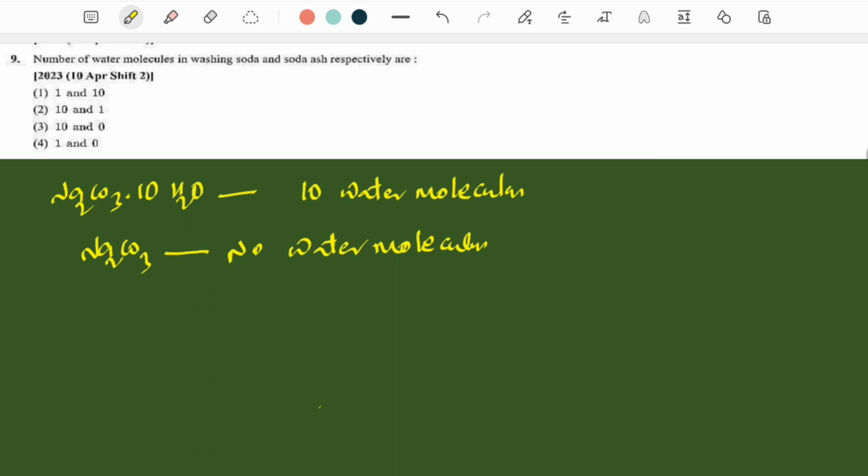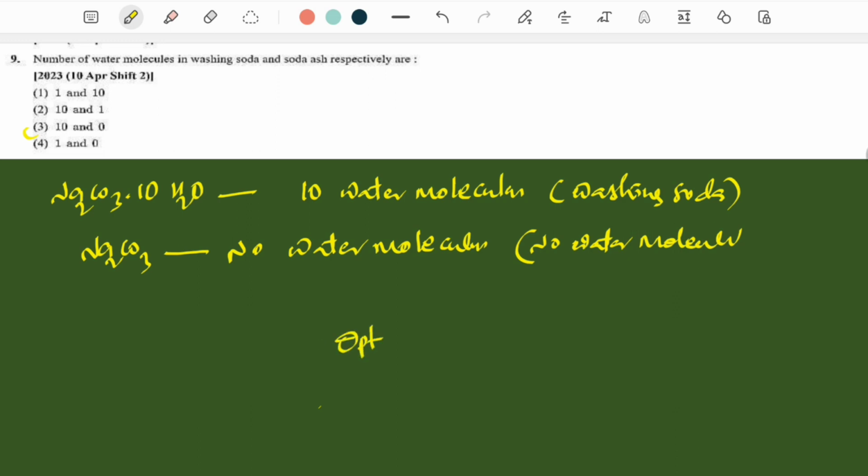Therefore, there are 10 water molecules in washing soda and 0 water molecules in soda ash. So let's check our options. The option with 10 water molecules and 0 for soda ash is the third option.